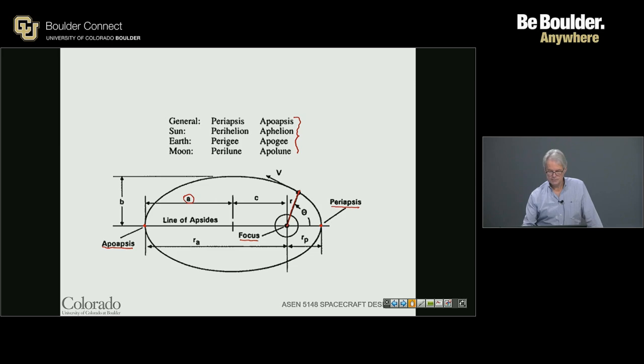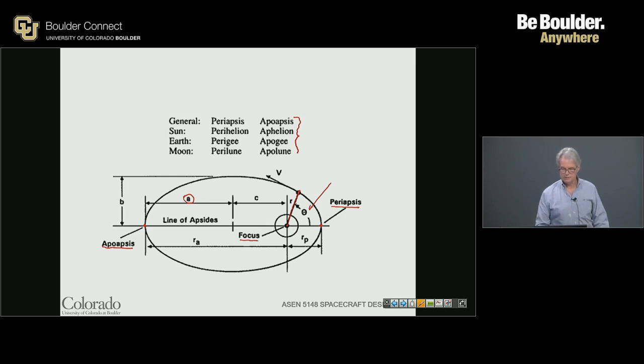Another parameter that's useful is shown here with this Greek symbol. This is called the true anomaly. So the true anomaly is the angle from the line of apsides out to the radius to where the spacecraft is located.